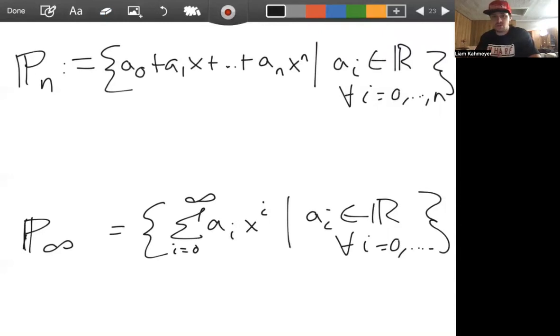So if you would like a challenge, and I think this is a very good challenge, I want you to answer the following question. Is P infinity a vector space?